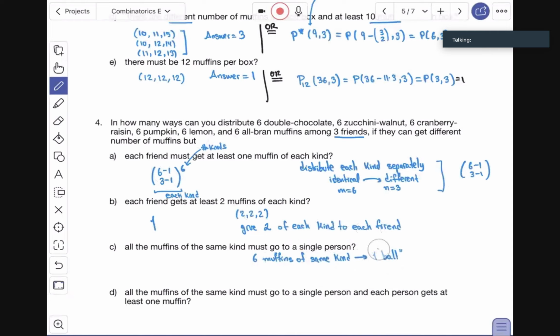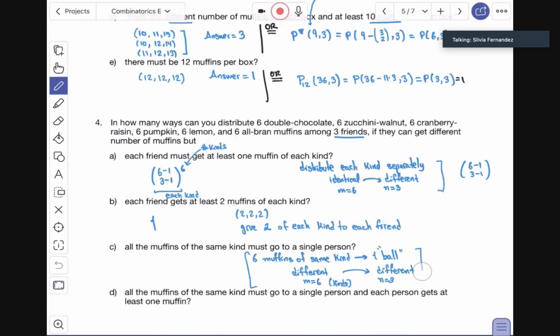Okay, so now you have different bowls because you have your box of double chocolate muffins, your box of zucchini, the zucchini walnut, the cranberry raisin, so all of those are different. And I have 6 kinds. And you're distributing among 3 friends, and they're also different. So it's different into different.